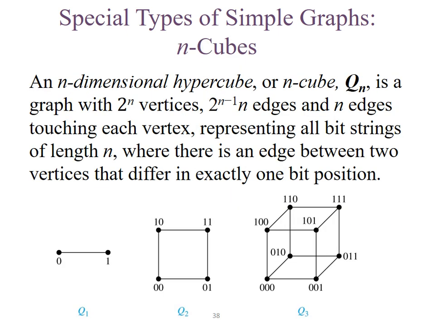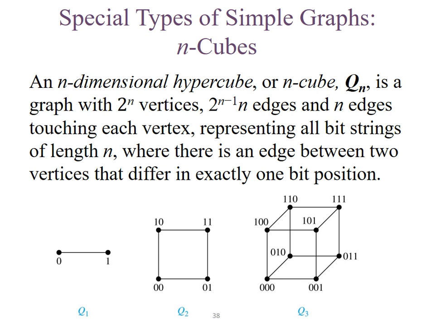Next one is the n-dimensional hypercube, Qn. For Qn, we have 2 to the power of n vertices, for example 2, 4, or 8. And we have 2 to the power of n minus 1, times n edges. So you can see the connection of these vertices.